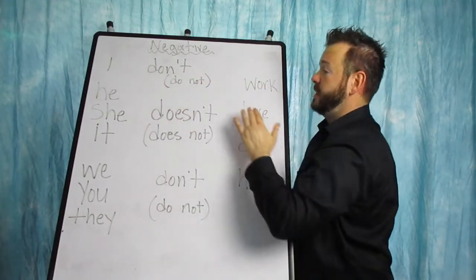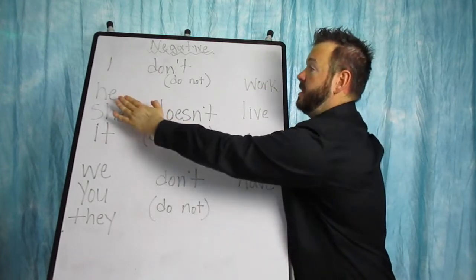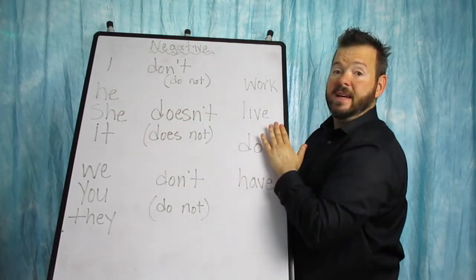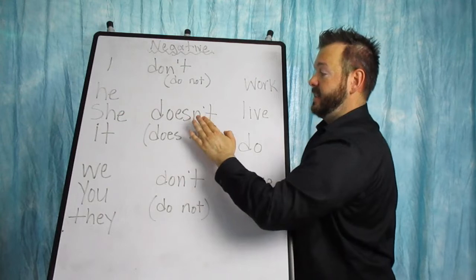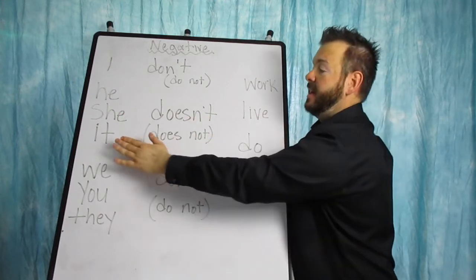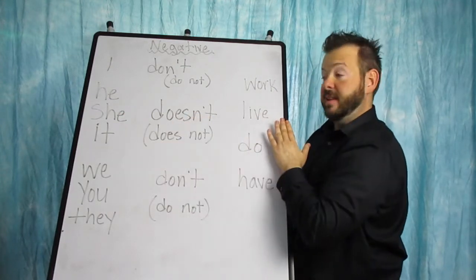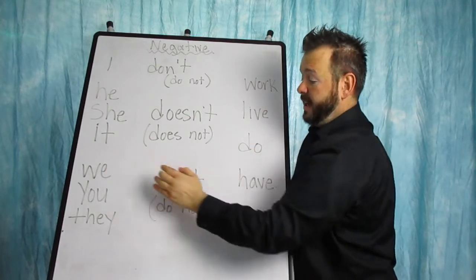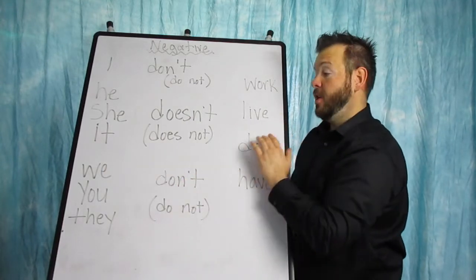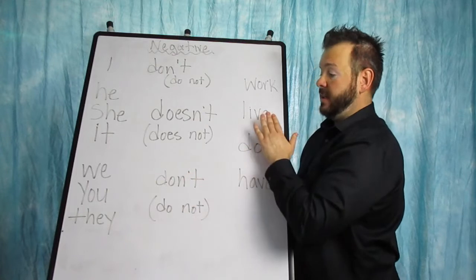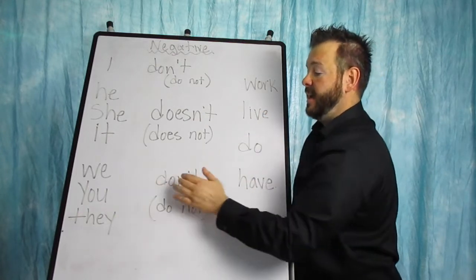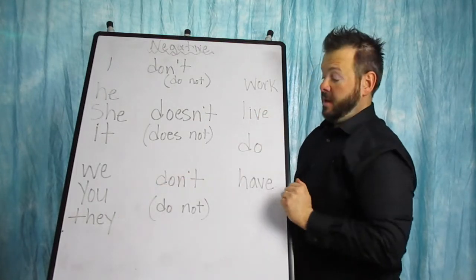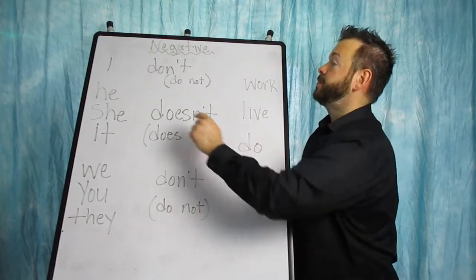Next one is live. I don't live. He doesn't live. She doesn't live. It doesn't live. We don't live. You don't live. They don't live. Next verb, do.